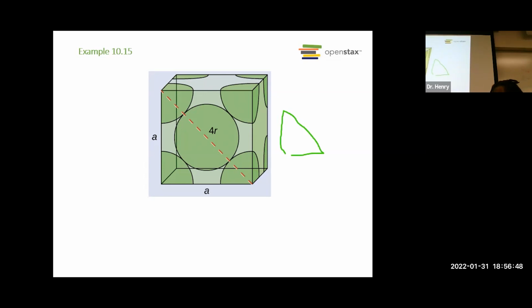Because it's a cube, we know that this is going to be a right angle. So we know that the sine of 90 is opposite over hypotenuse.